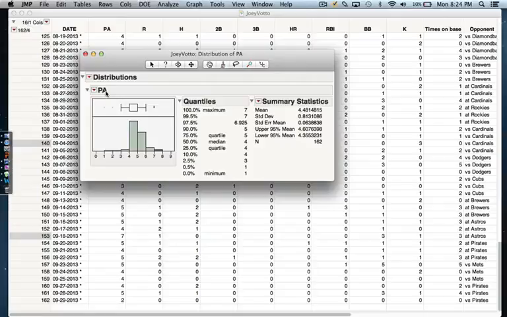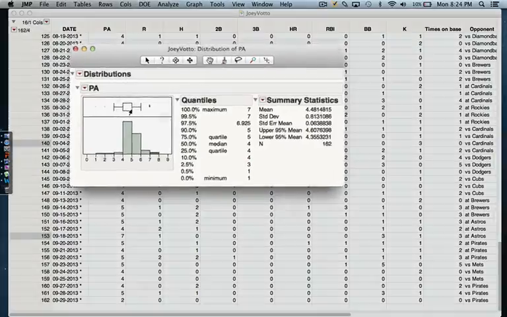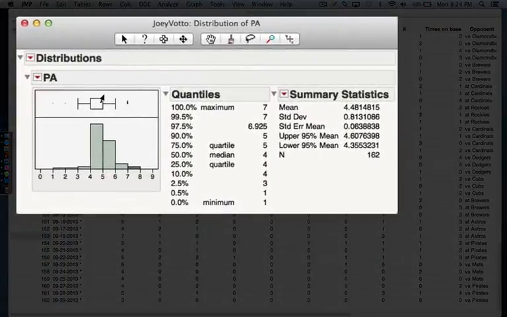Now looking at this box and whisker plot above, this box shows us the interquartile range. That is, the line from the 25th percentile to the 75th percentile, the middle 50% of the data. We see that the 25th percentile is at 4, whereas the 75th percentile is at 5.